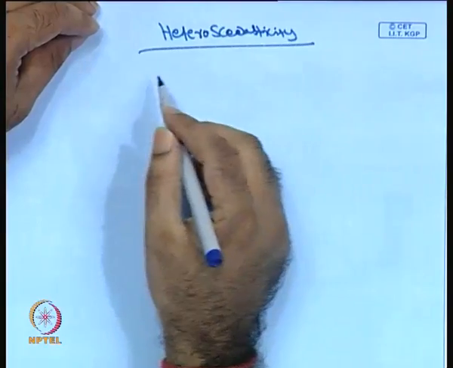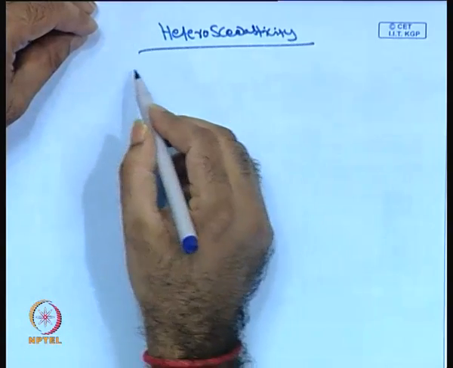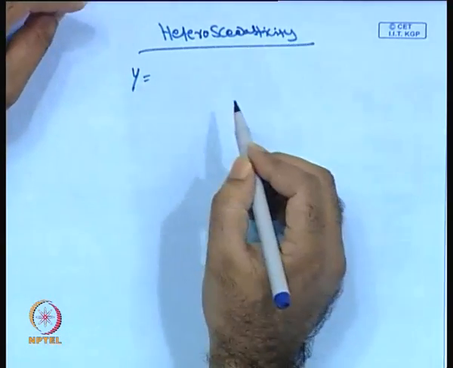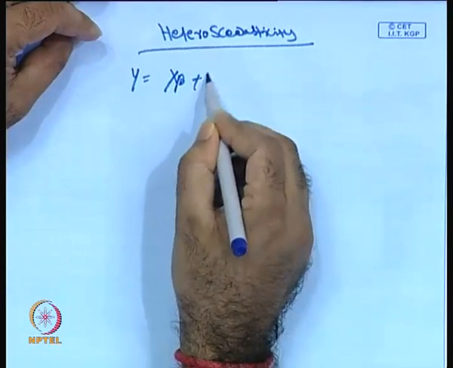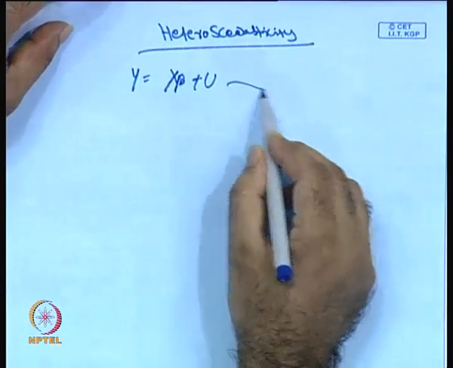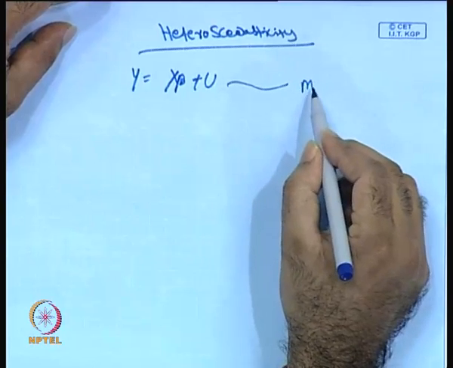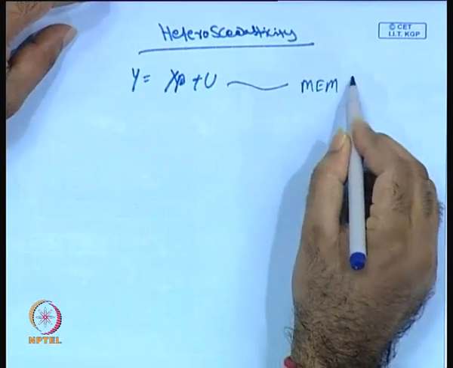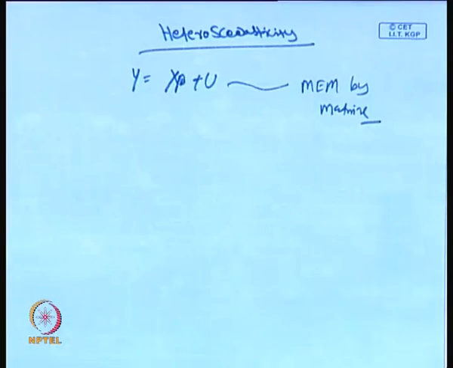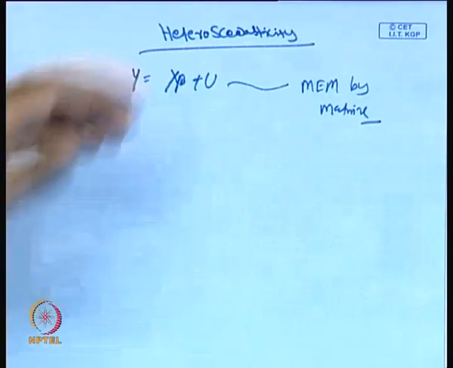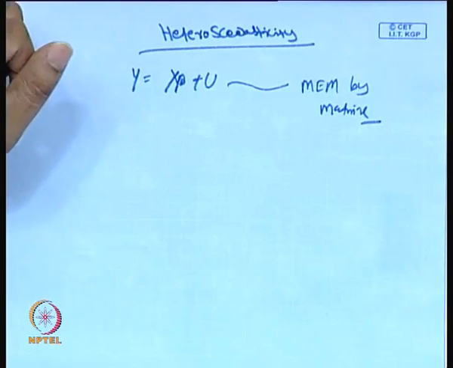Let's take a case of econometric modeling: y equal to X beta plus u. This is a generalized multivariate econometric model by the matrix approach.